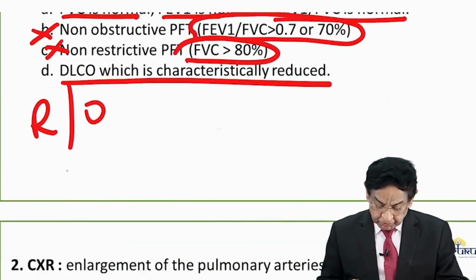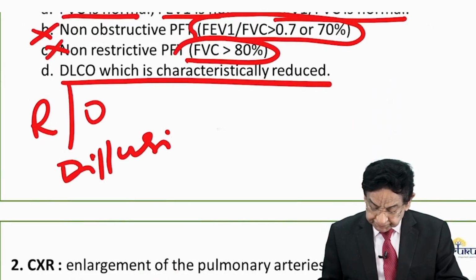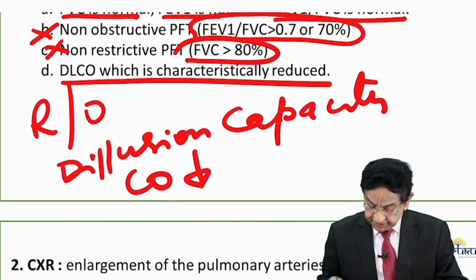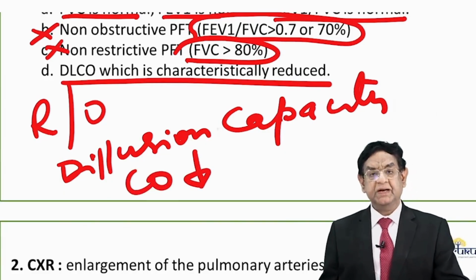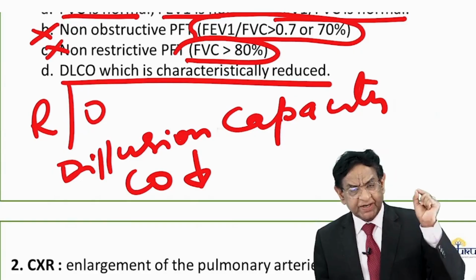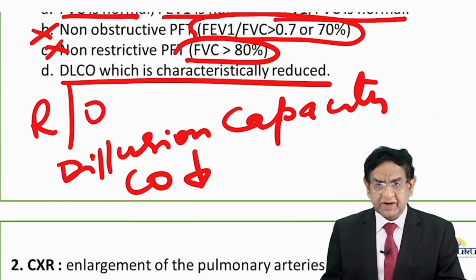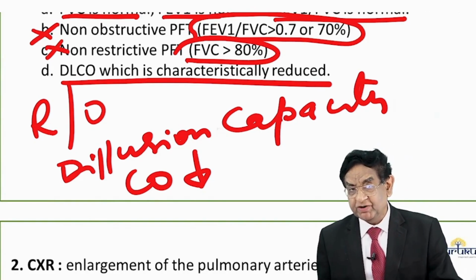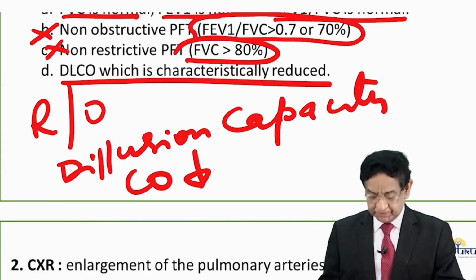Diffusion capacity to carbon monoxide is reduced. It's the classical finding. So normal spirometry with reduced diffusion capacity is the idiopathic variety of PAH. Right? Golden line to remember.